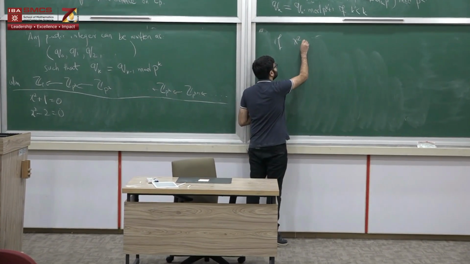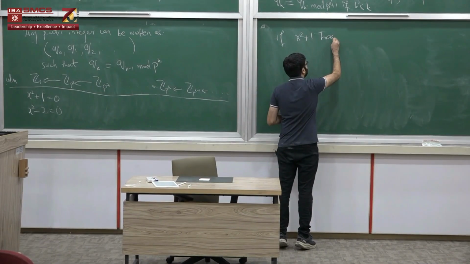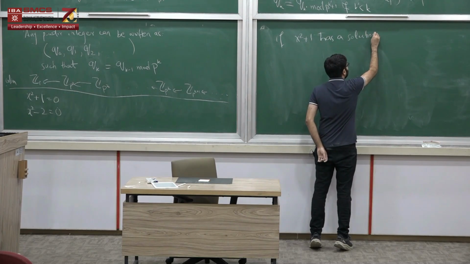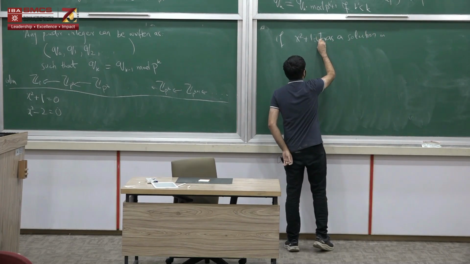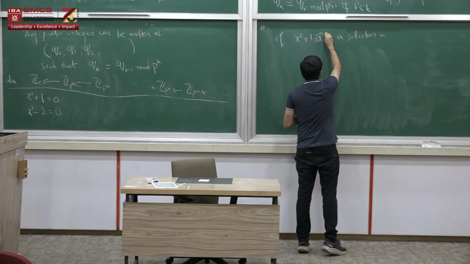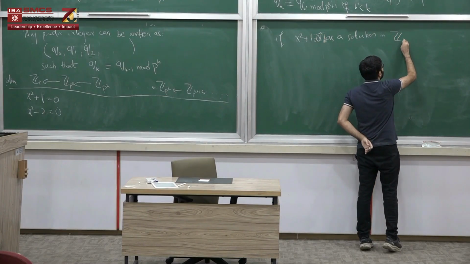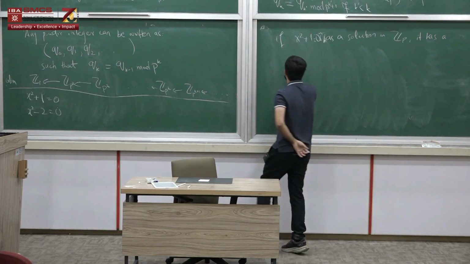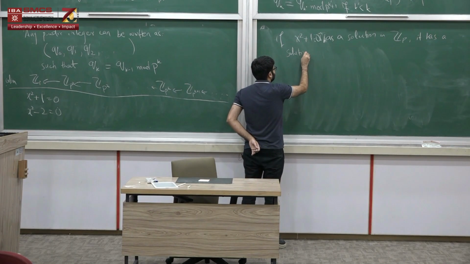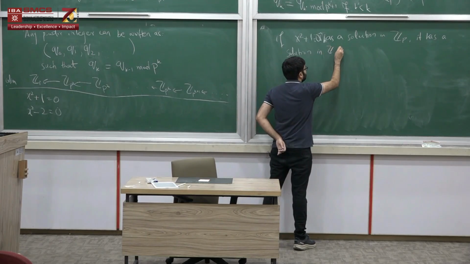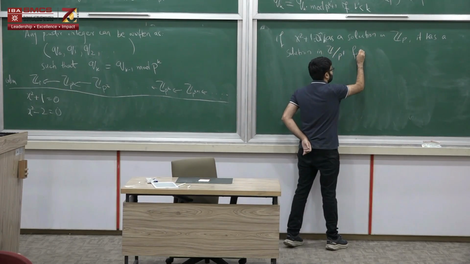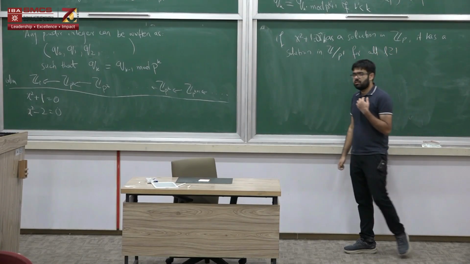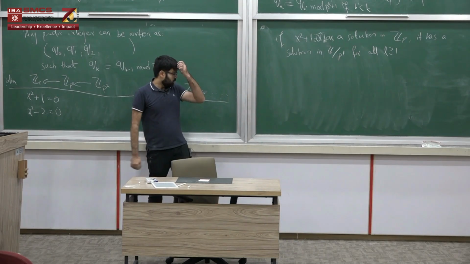If x squared plus 1 equals 0 has a solution in Zp, it has a solution in Z mod p to the L for all L, all integers bigger than or equal to 1.